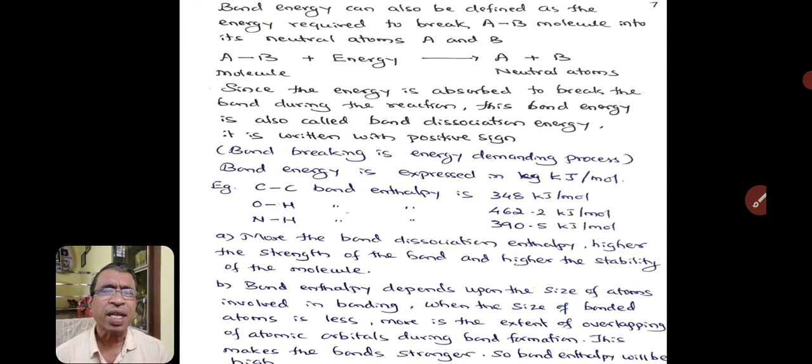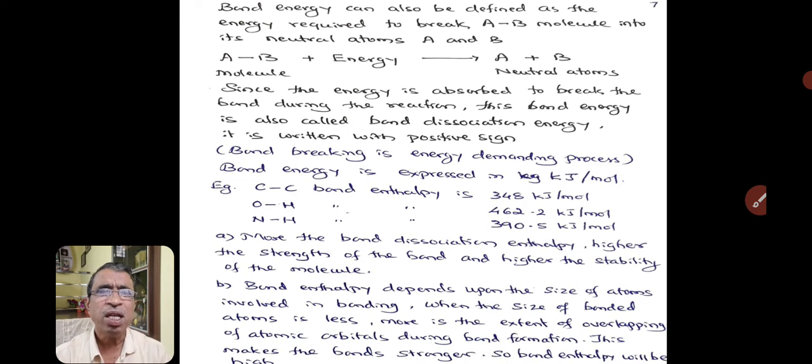So in all these cases, we call it bond energy, which is expressed in terms of kilojoules per mole. If I take an example, C-C bond enthalpy is 348 kilojoules per mole. It means to break 1 mole of C single bond C bonds, it takes the energy 348 kilojoules.